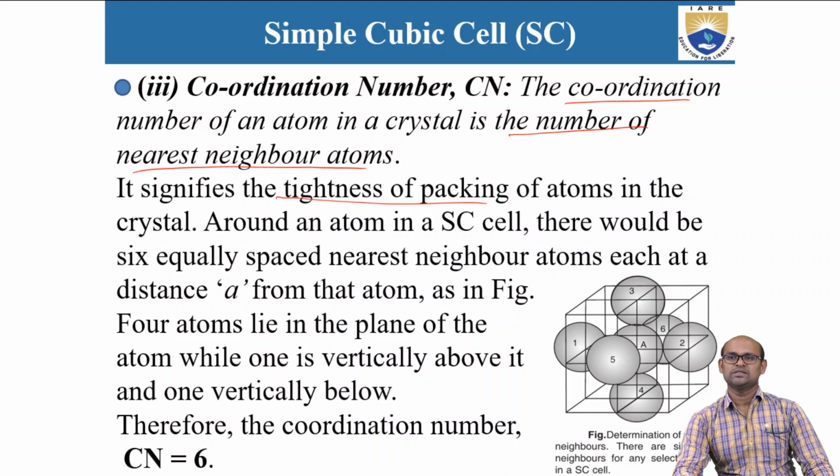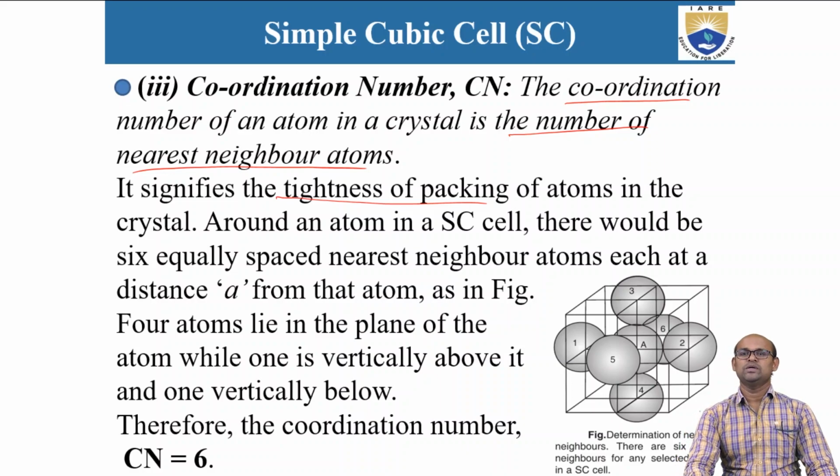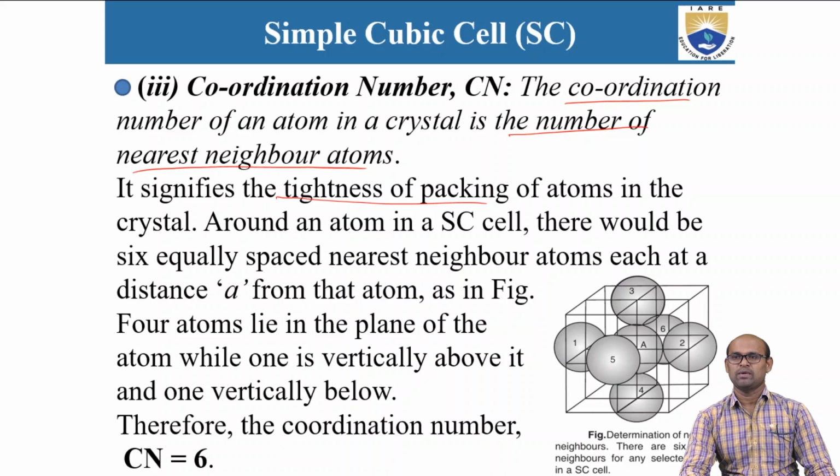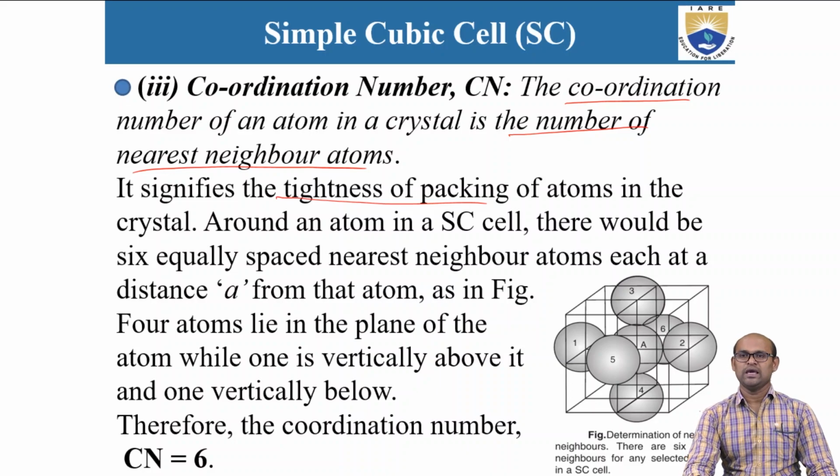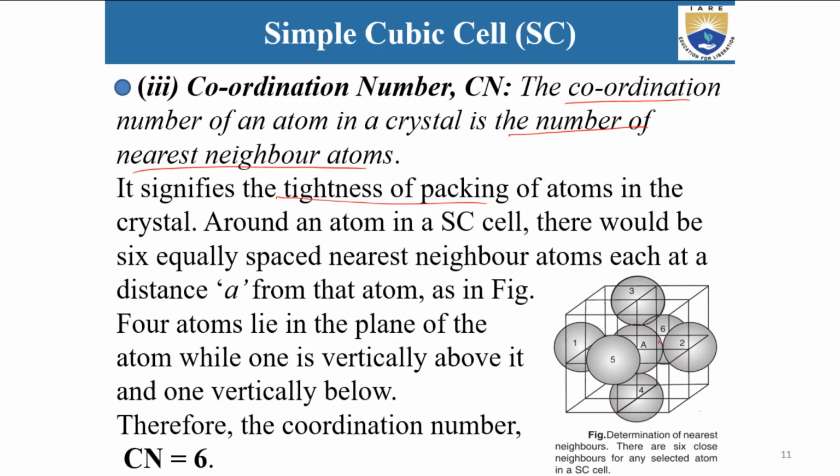Around an atom in a simple cubic unit cell, there would be 6 equally spaced nearest neighbor atoms, each at a distance a from that atom. As shown in the figure, if I take this atom, there is one atom along this axis, 2 atoms, 1 and 2, along this axis you have 2 more atoms, 3 and 4, and along this axis you have 2 more atoms, 5 and 6.